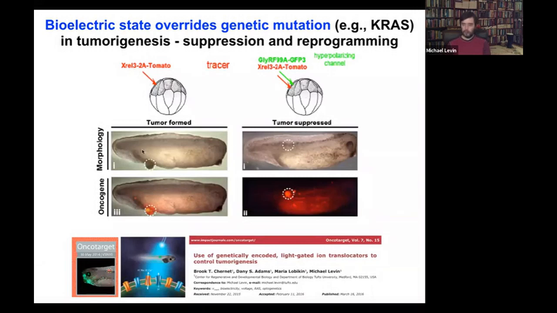So if we inject an oncogene and they make these tumors, of course, they're labeled with the red fluorescent protein. What you can do is co-inject a channel, and you can force these cells to stay electrically coupled to their neighbors, despite what the oncogene is trying to get them to do. And here, while that dominant negative KRAS, P53, whatever, while they're blazingly expressed, there's no tumor. It's the same animal.